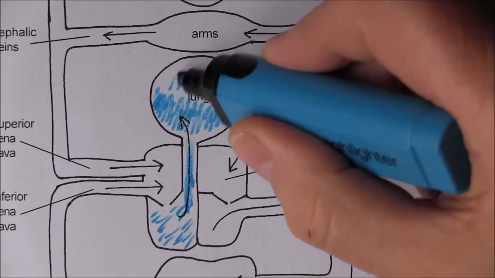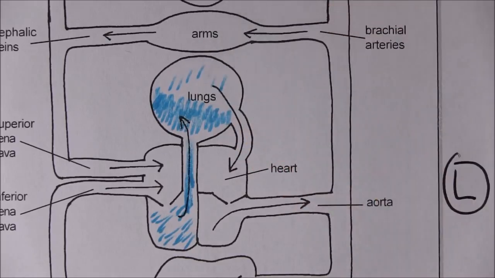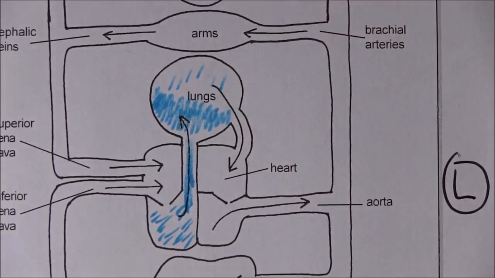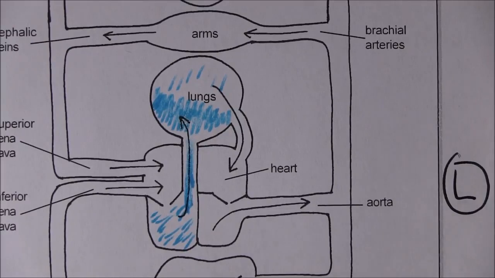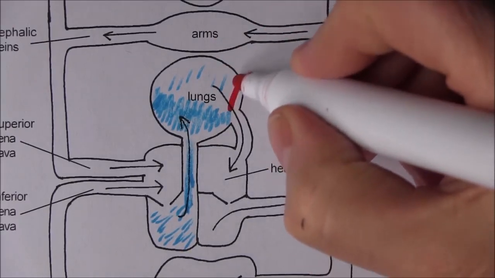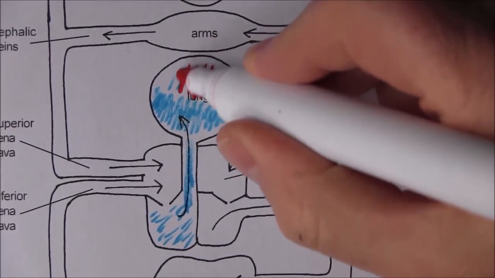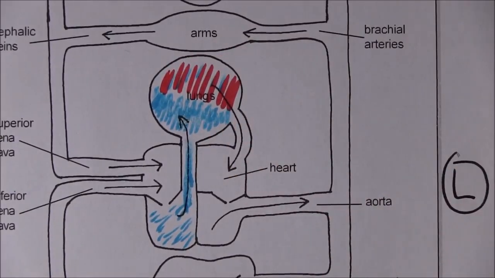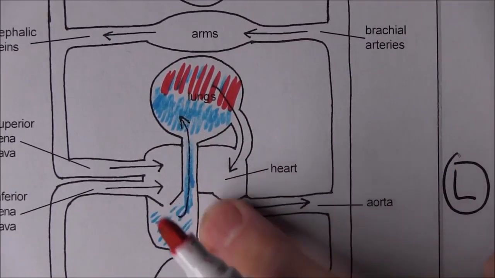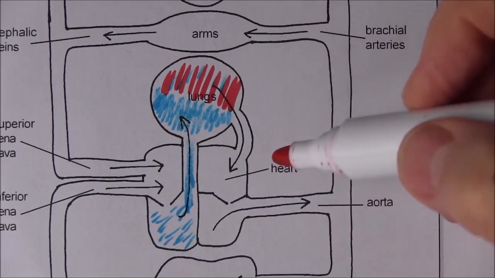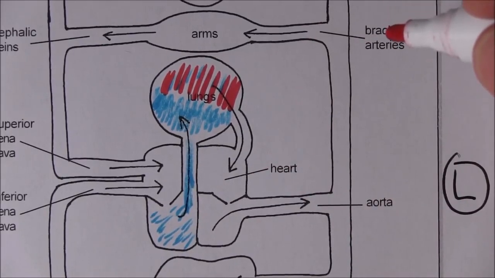And as that happens, it will be progressively oxygenated. We'll get high levels of oxygen, so we start drawing that as a red colour. So the blood is going to go to the lungs relatively low in oxygen, and it's going to return from the lungs relatively high in oxygen.